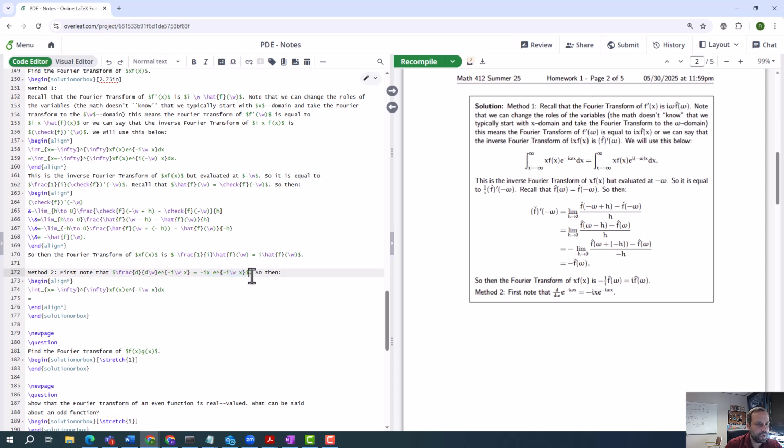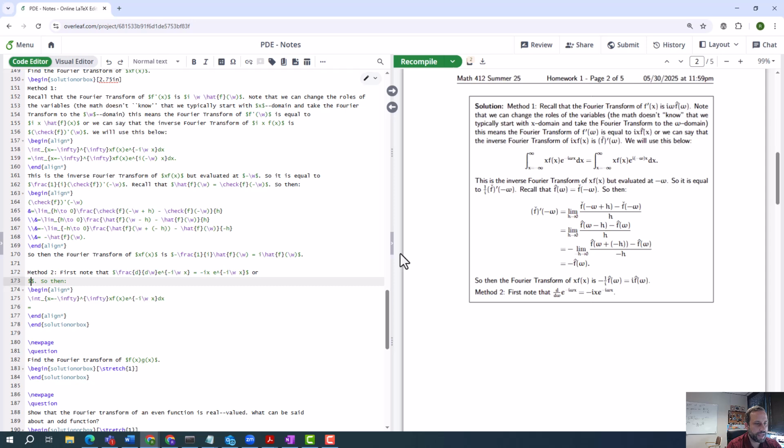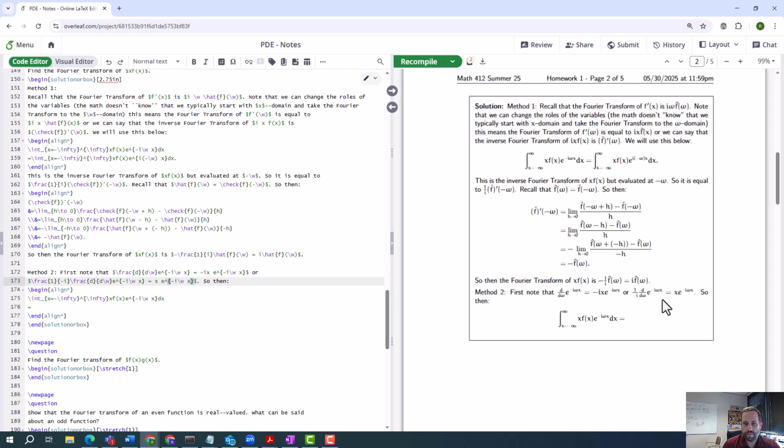Or I could write this as 1 over minus i times this is equal to this. So 1 over minus i times the derivative is equal to that.